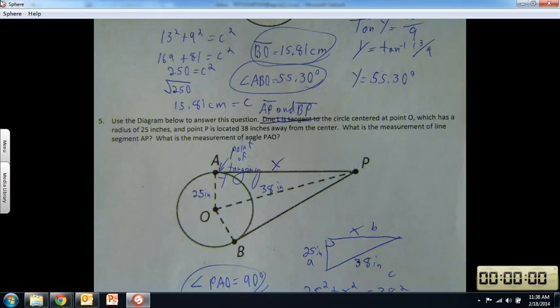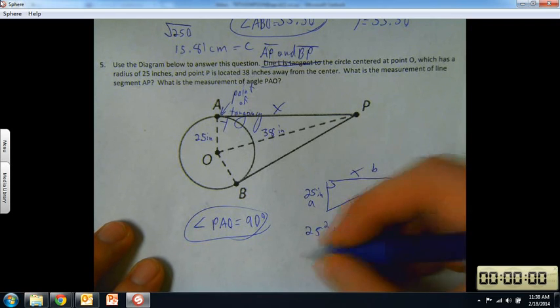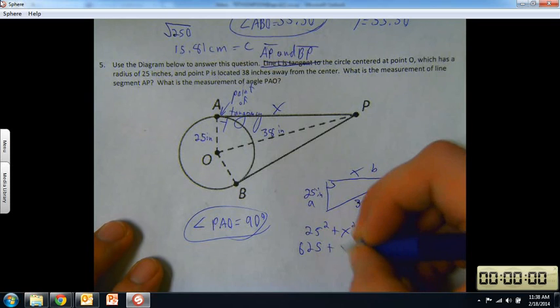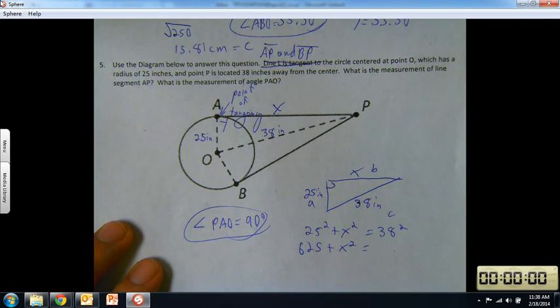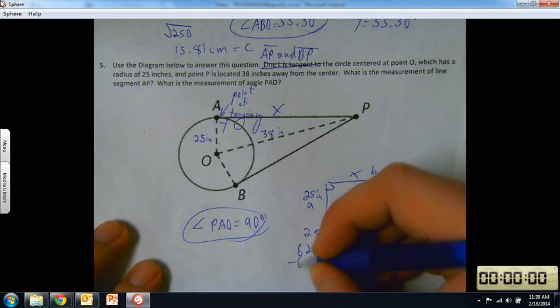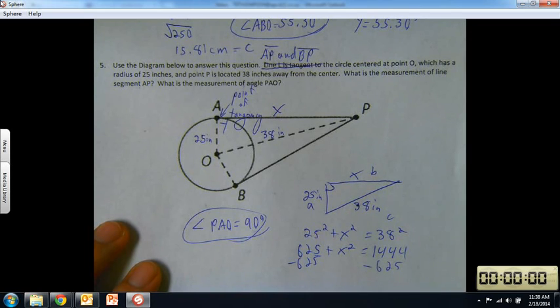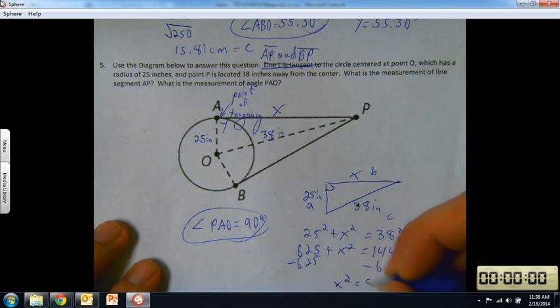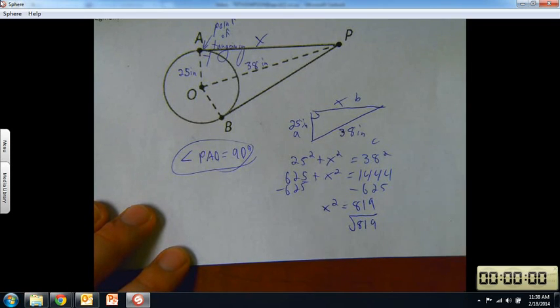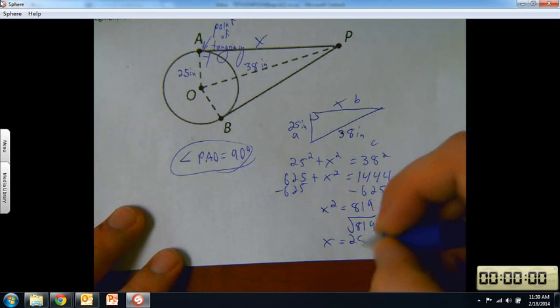Now, do the math. 25 squared is 625 plus x squared, and 38 squared is 1,444 minus 625. We get x squared equals 819. Square root of 819 and we get x equals 28.61.